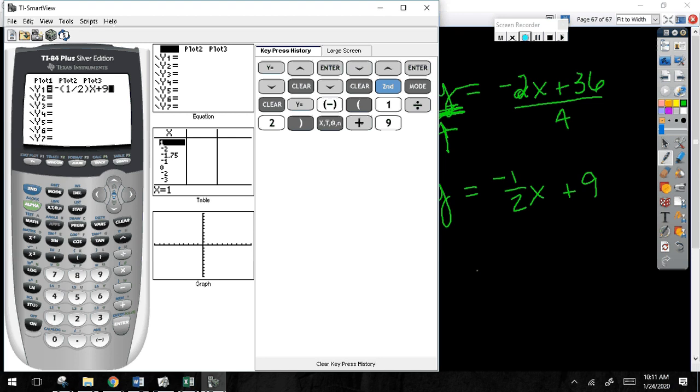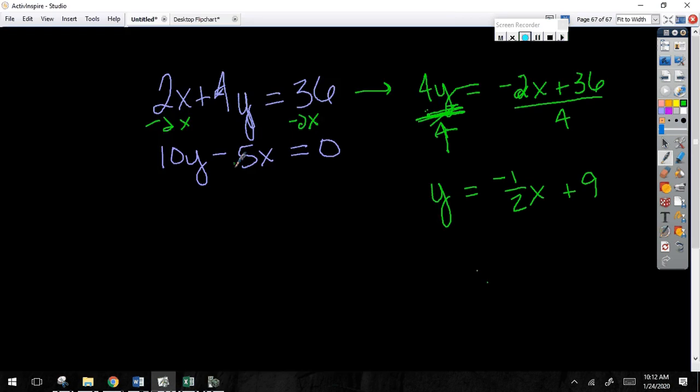All right. Let's do the second equation. We're going to do them together on the same graph because remember, I'm looking for the intersection, right? I want to know where they cross. For this one, whenever I get y by itself, I have 10y equals 5x. Luke, I see why you thought initially they may be perpendicular, but close.